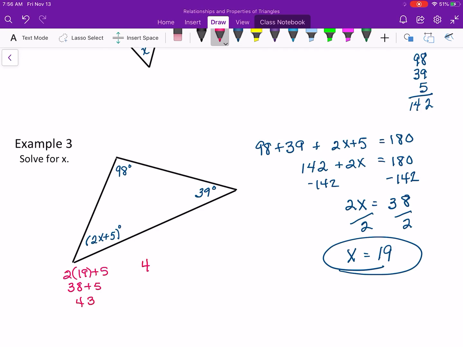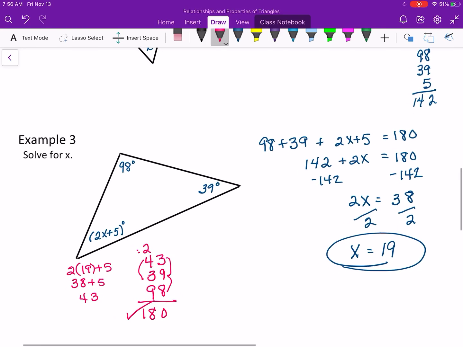And if we add 43, 39, and 98, let's see, 9 and 3 is 12, plus 8 is 20. There's 7, 8, 9, and 9 is 18. It checks, because we should come up with 180. Don't forget, you can check every single answer.